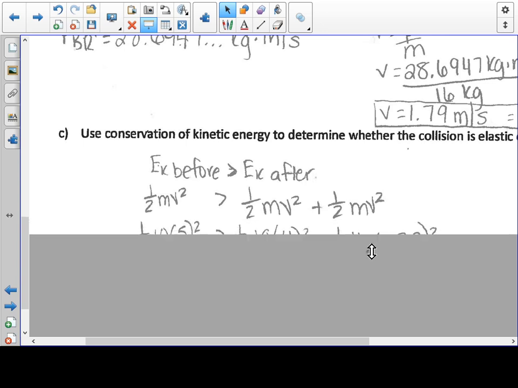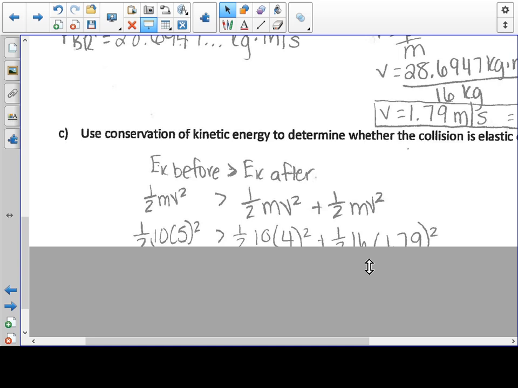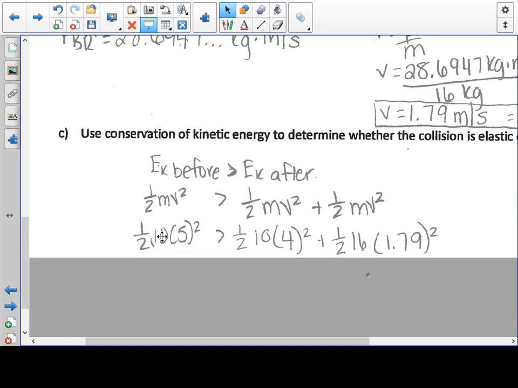But we'll double check. So, first of all, 1/2, the mass of ball A is 10 kilograms. The velocity is 5 meters per second. So 1/2, 10, 5 squared. Then after the collision, it becomes 4 squared. And the other one is 16 kilograms and a velocity of 1.79 squared.